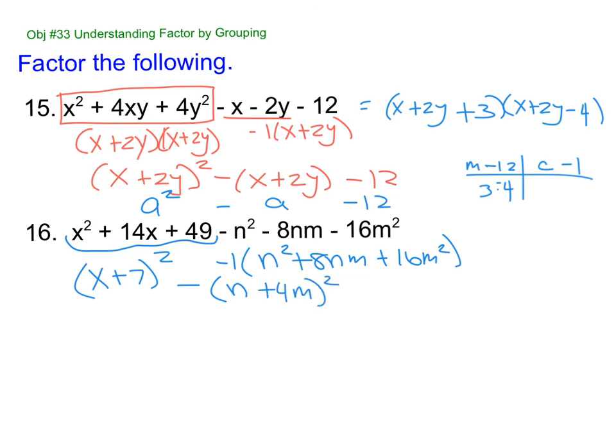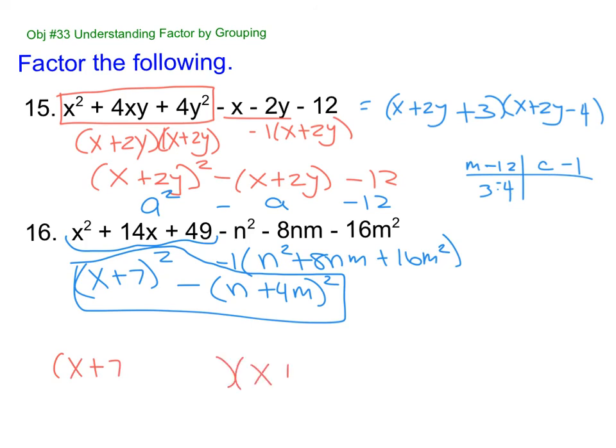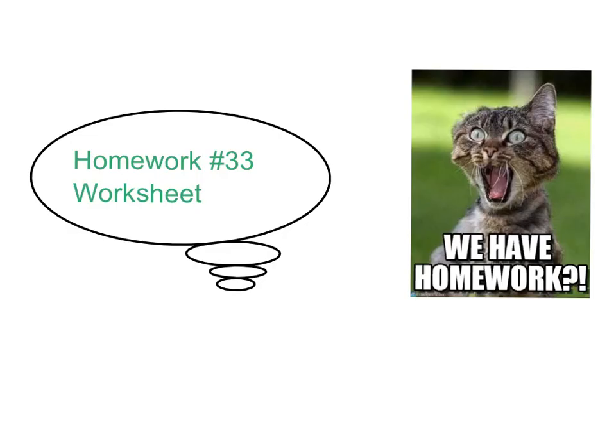So now we have a difference of squares. This right here is a difference of squares. X plus 7 times x plus 7, and then n plus 4m minus n minus 4m. Make sure you distribute. And that is factor by grouping. We're going to spend another day on this because I know this is tricky.